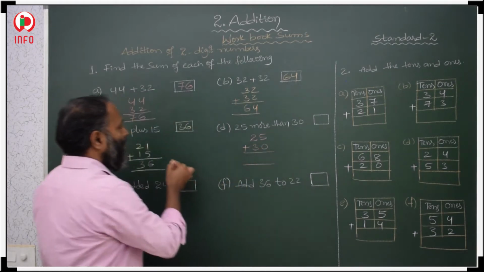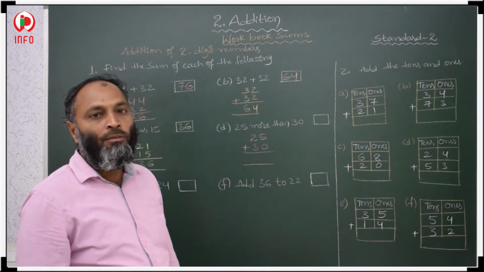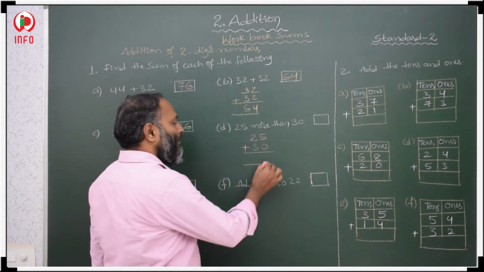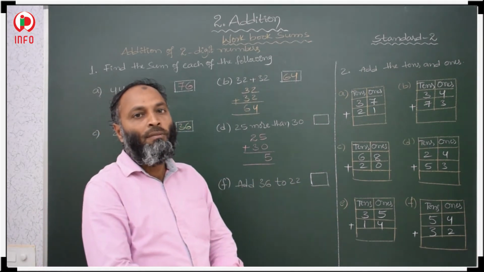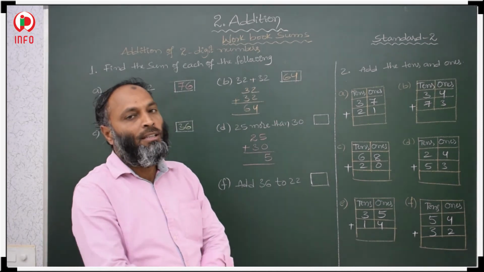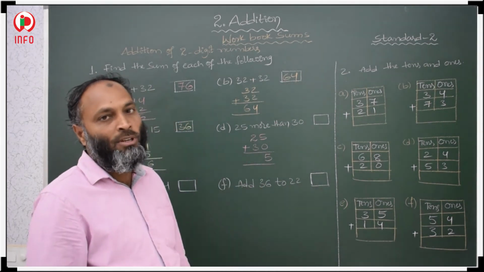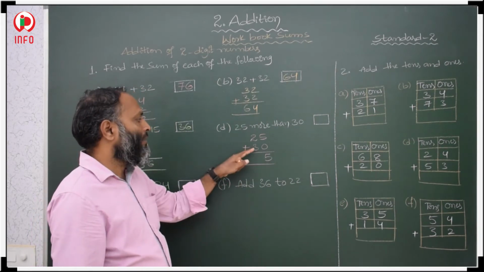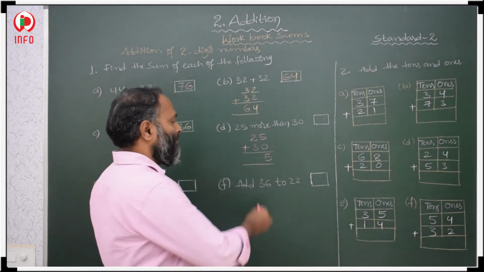Now 5 plus 0 is 5 only. If any number is added with 0, we get the same number only. This we did in first class as well as in our textbook in second class. Then 3 plus 2, 5. 55.